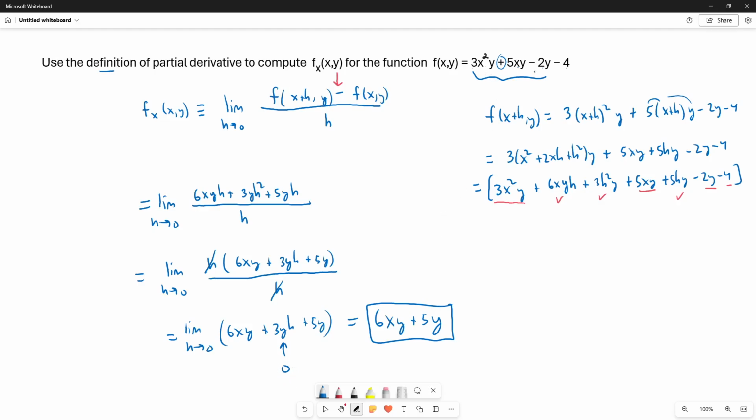And if we look back at the original problem, the original function, calculating the derivative without the definition, we just treat the variable y as a constant. In our definition of f sub x, the partial derivative with respect to x, the variable y is unchanged.